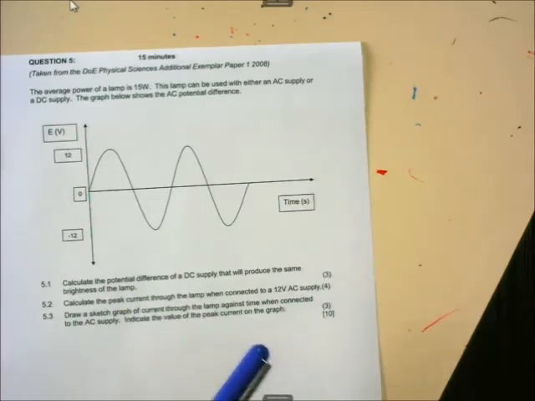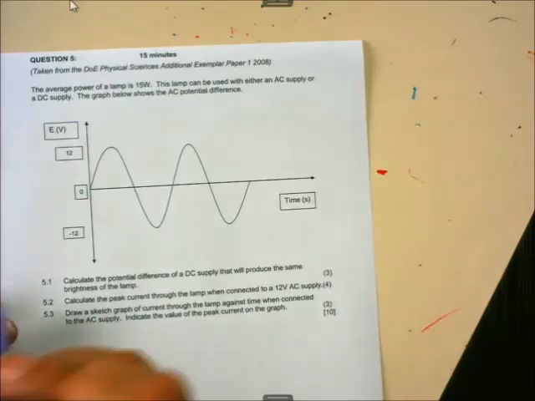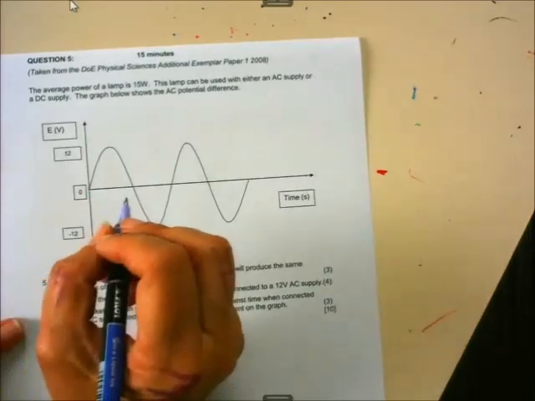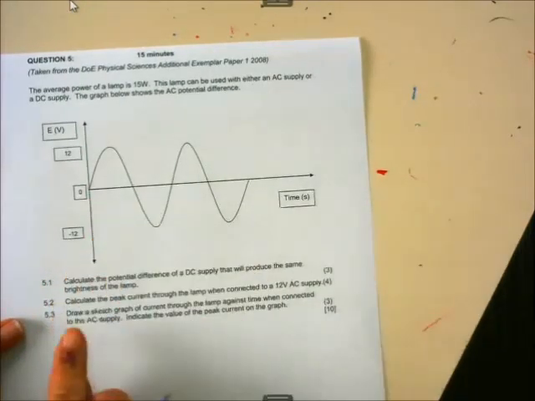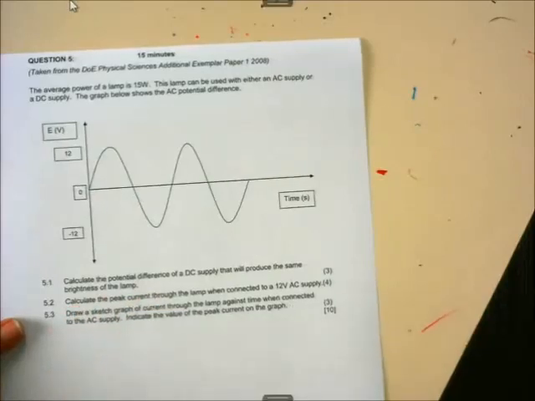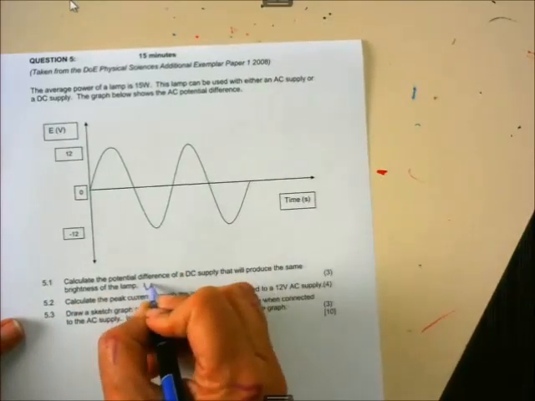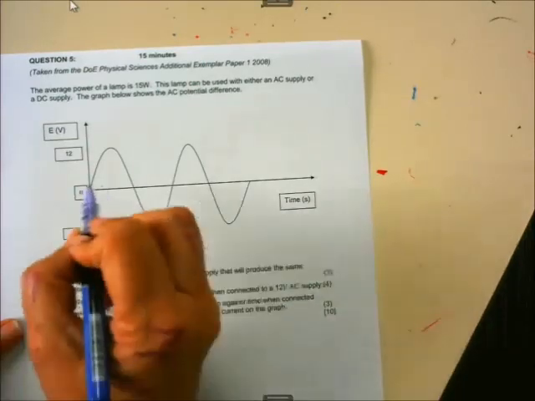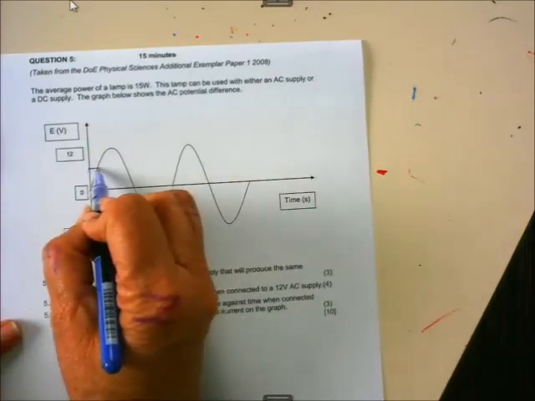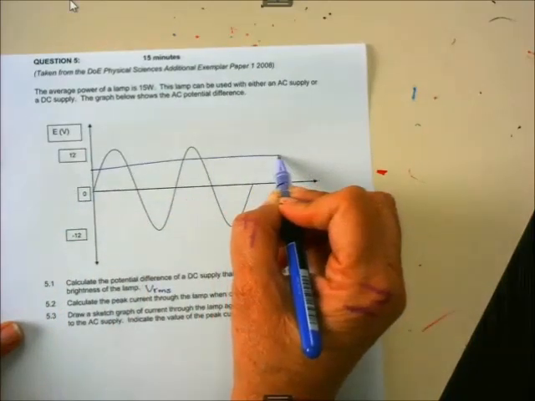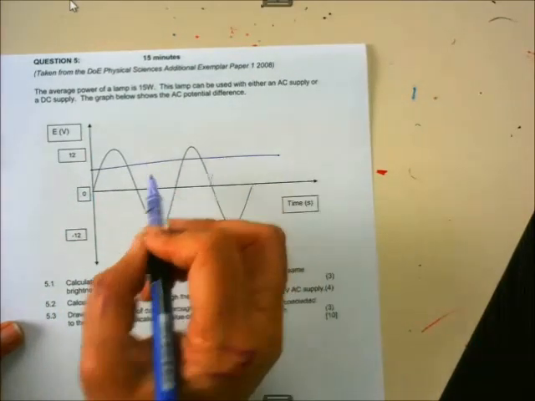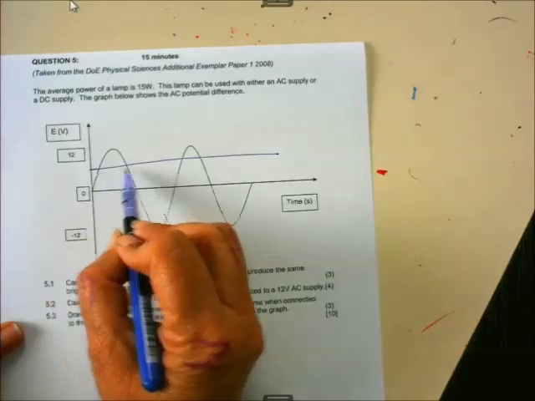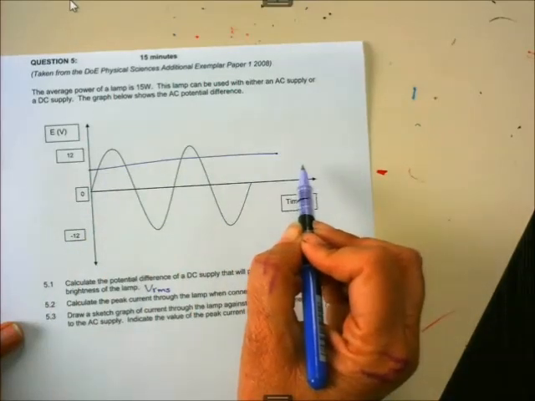For a DC supply you would have to work out the RMS. What you actually have to work out is VRMS, because remember, a DC supply is a straight line, and your straight line will be at the root mean square.